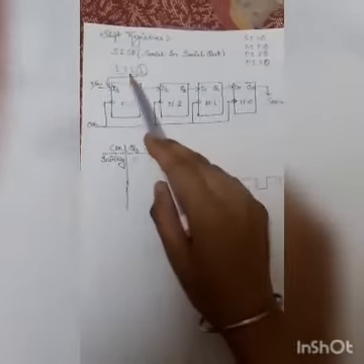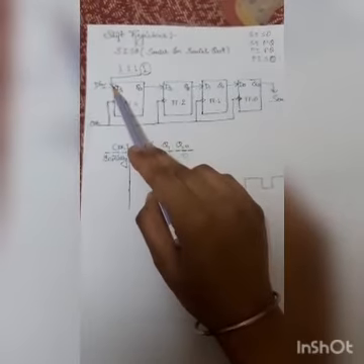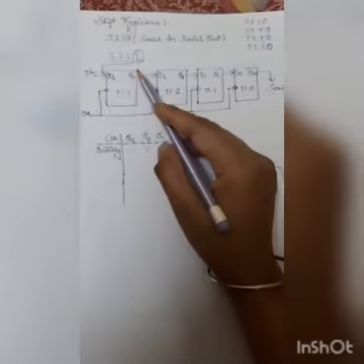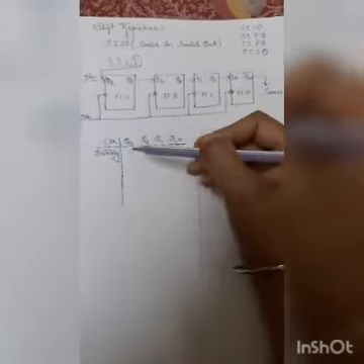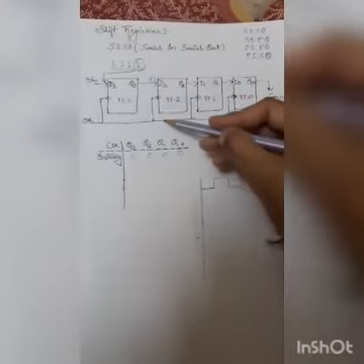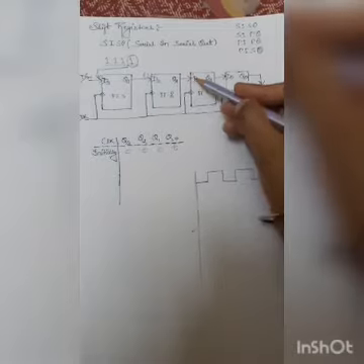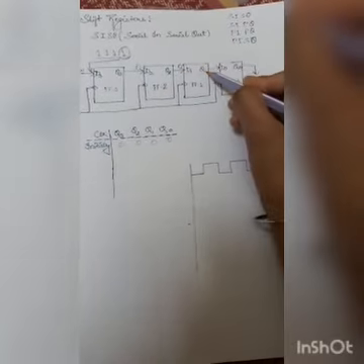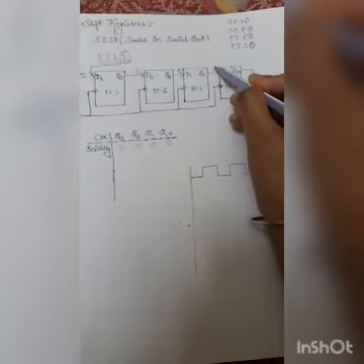So at D3 we are giving a 1. D3 is 1, and initially Q3 is 0, so D2 is 0, Q2 is 0, then D1 is 0, and Q1 is 0, so D0 is 0.